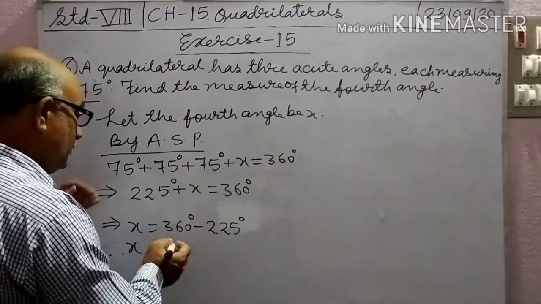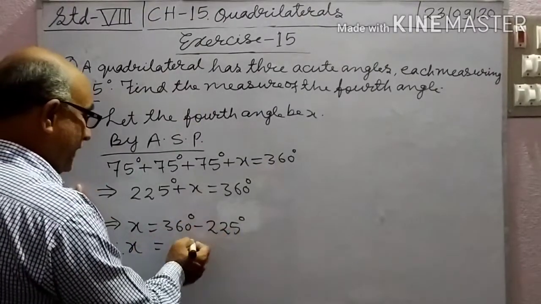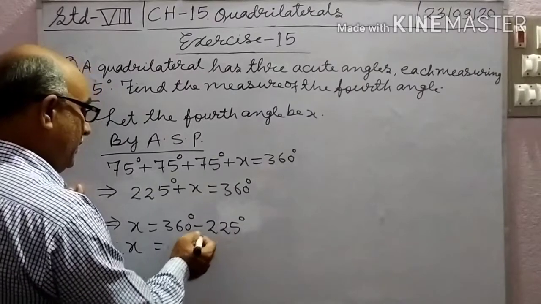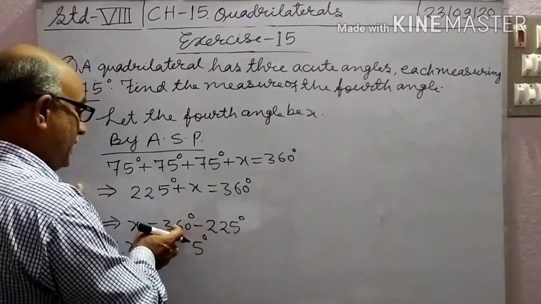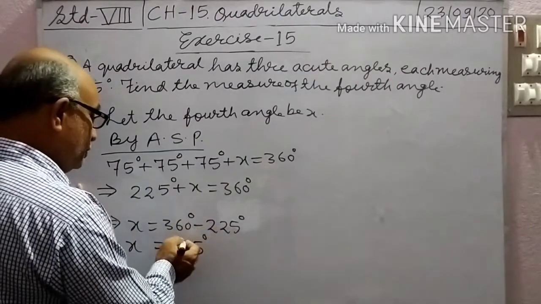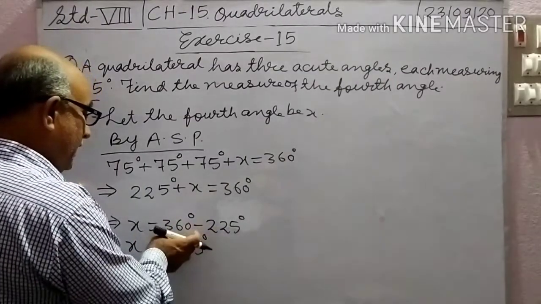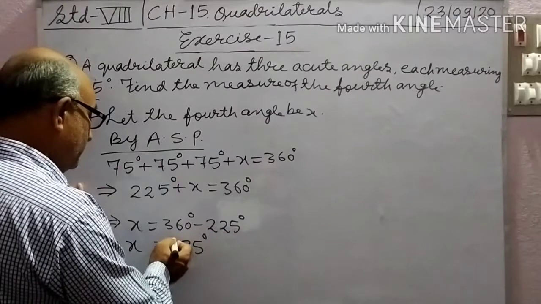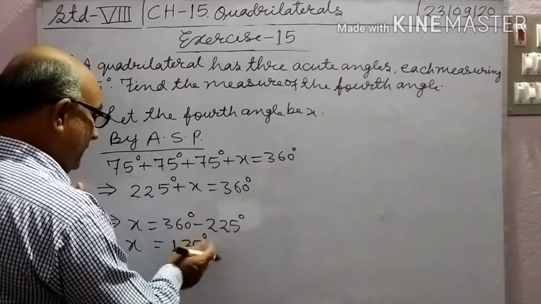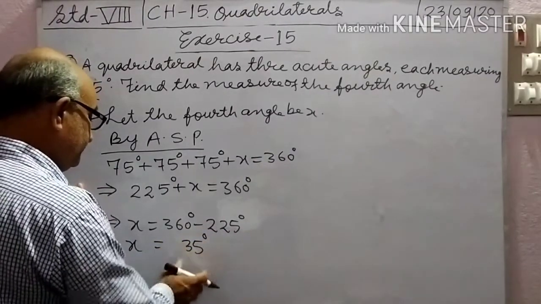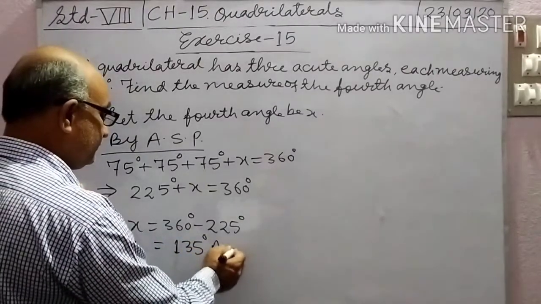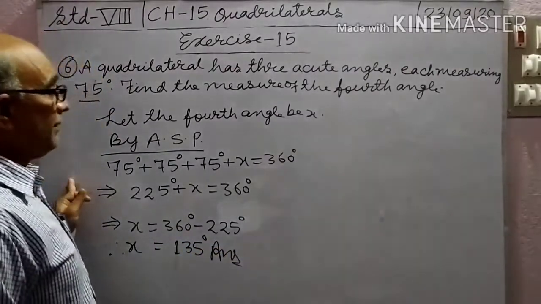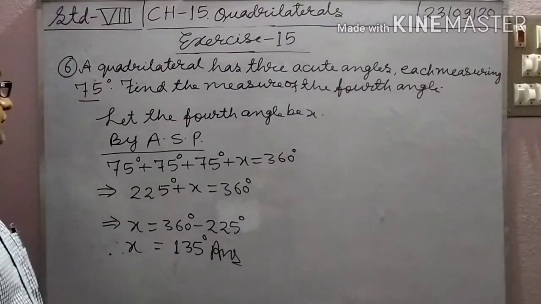Therefore x equal to 10 minus 5 is 5, 5 minus 2 is 3, and 3 minus 2 is 1. So 135 degree. Students, understand and write it.